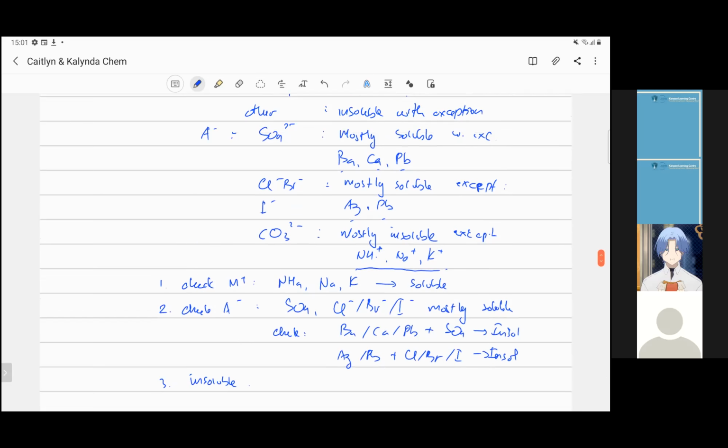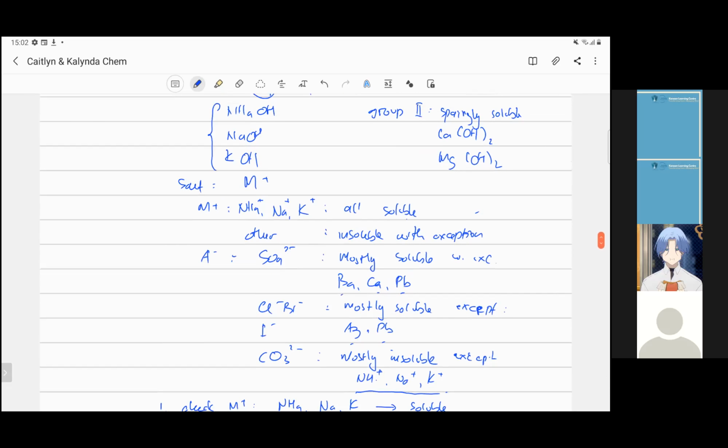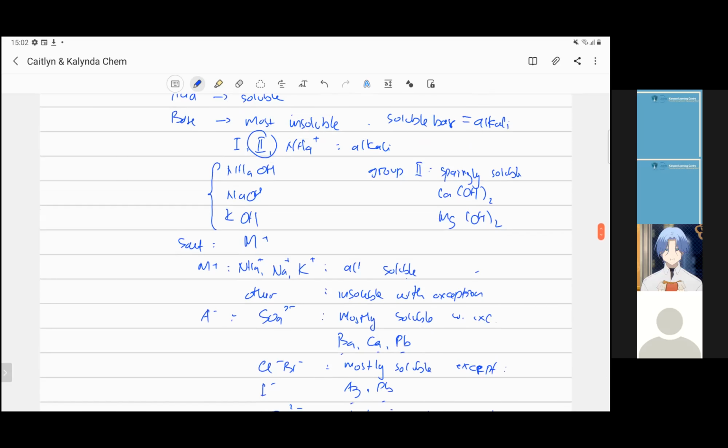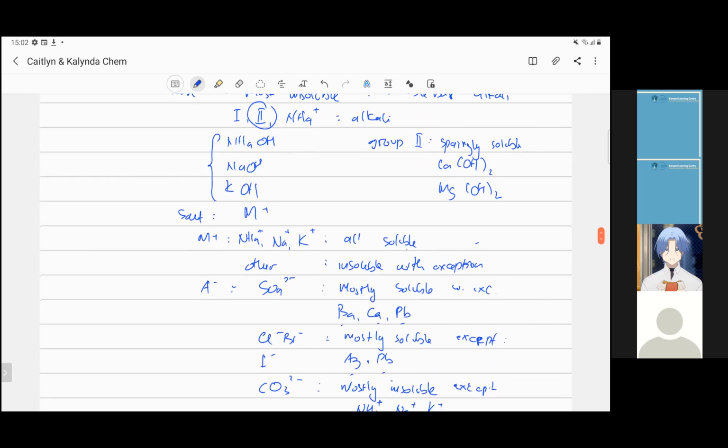About group 2 that I told you, they are of two classes. Some of them are soluble, some are not. So what are the soluble ones? The soluble ones are calcium, strontium, and barium.